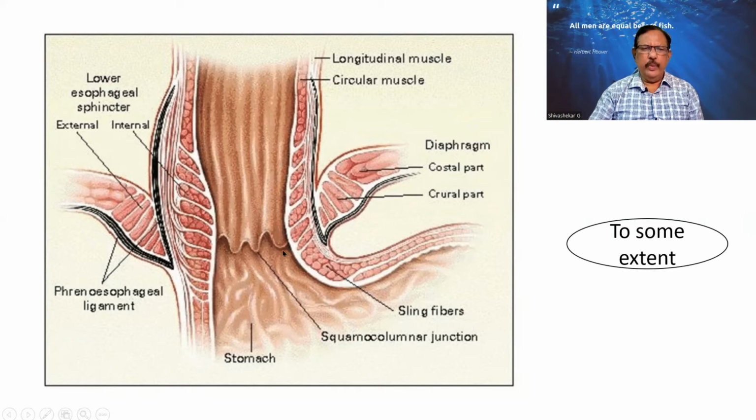It is a functional one. I am not able to see a structure. So whenever you swallow the food and then it reaches the stomach, there is a kind of constriction of it. When it is going to be incomplete, there can be a gastroesophageal reflux. The other structures you people can go through. So to some extent only we need to know.